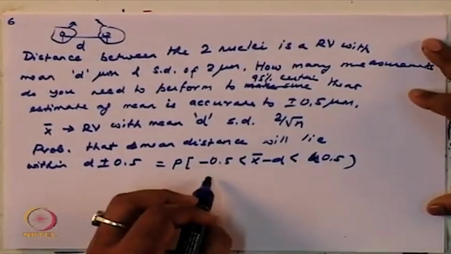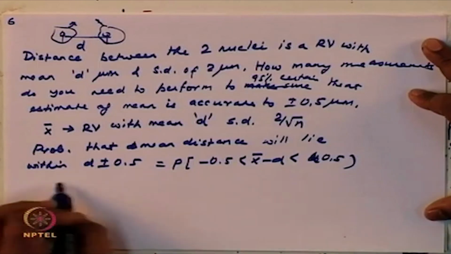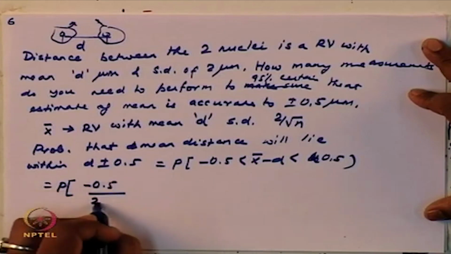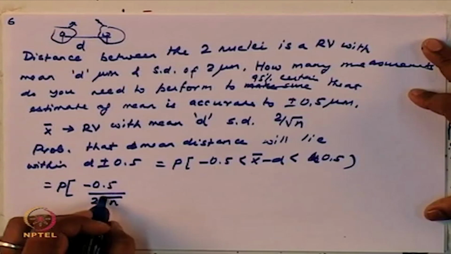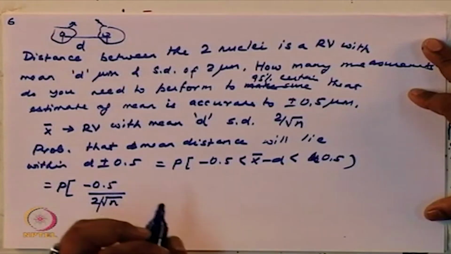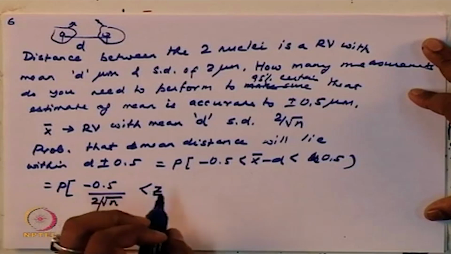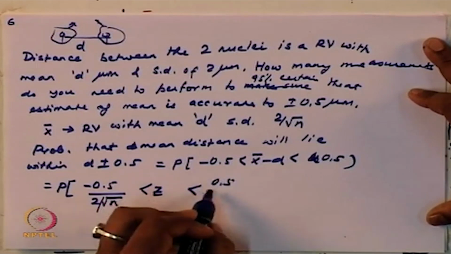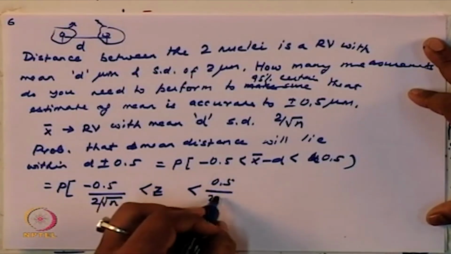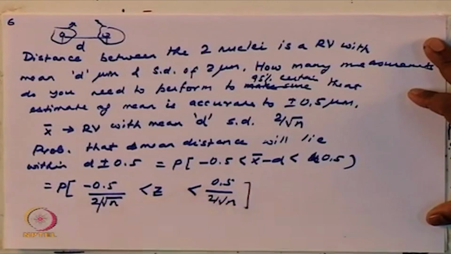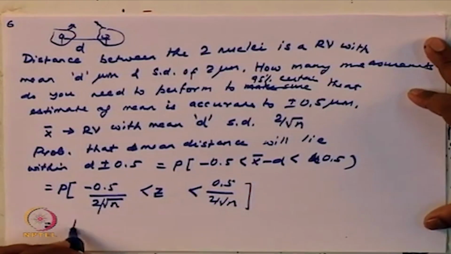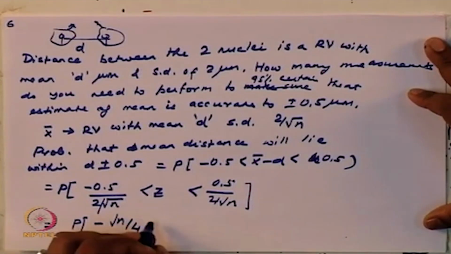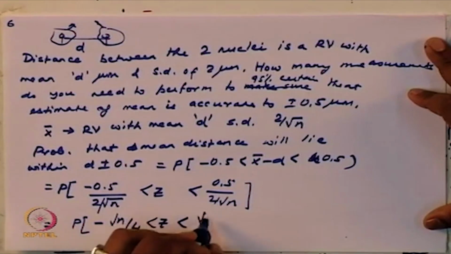I can convert this into the standard normal variable. So, this is the same as the probability of minus 0.5 by (2 by root n) less than z less than 0.5 by (2 by root n), and this is equal to the probability of minus root n by 4 less than z less than root n by 4.